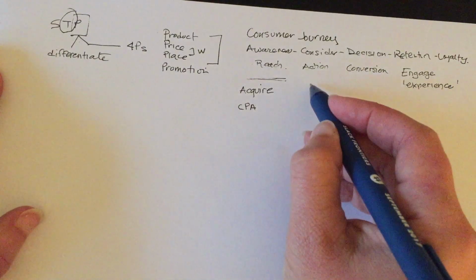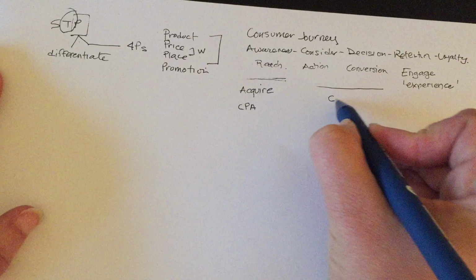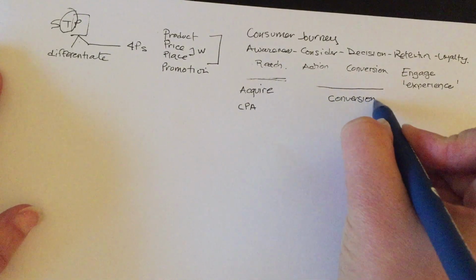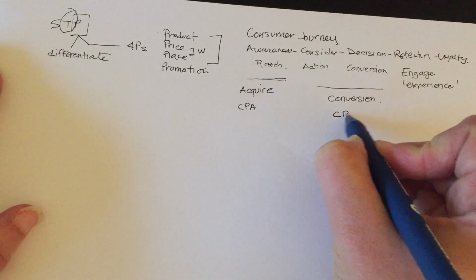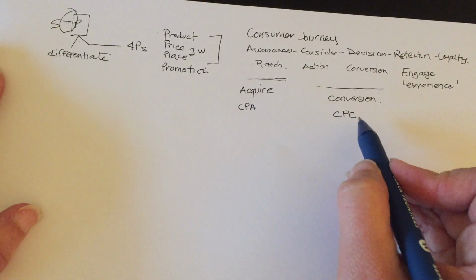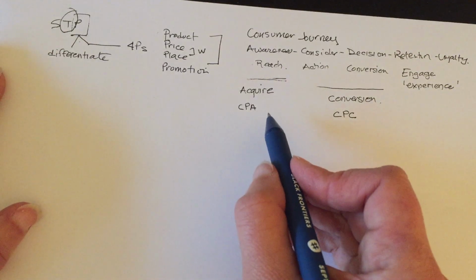When we start looking at the consideration and decision stage, we'll call this our conversion. Then we start looking at cost per conversion. How much does it actually cost us to acquire that person as a customer, not just to get their attention?